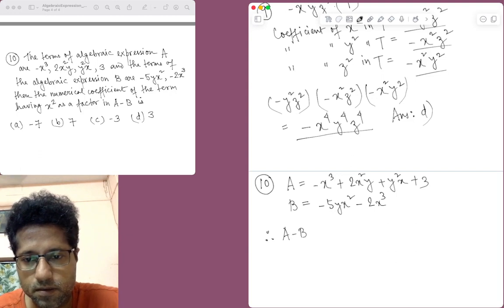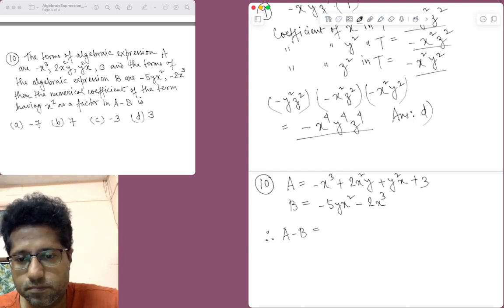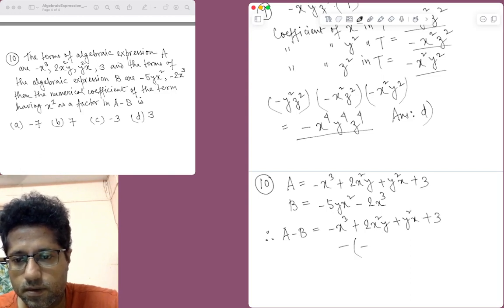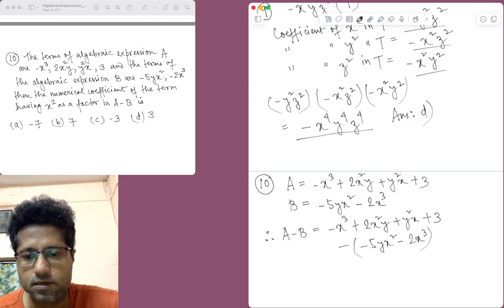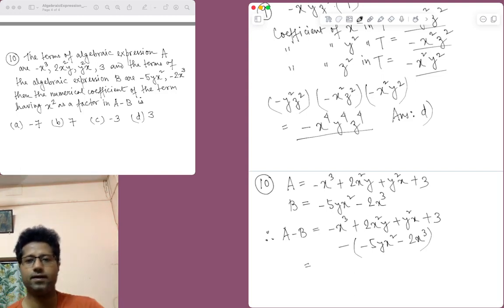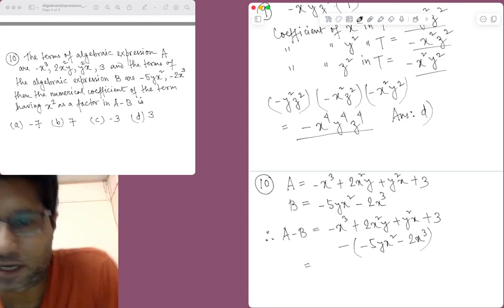A minus B equals minus x cube plus 2x square y plus y square x plus 3, and a minus of minus 5x square minus 2x cube. Now I have already discussed in some previous problem how to find the inverse of an algebraic expression.